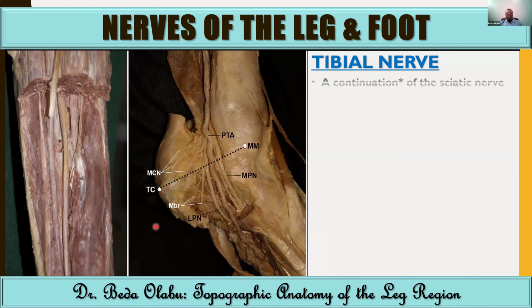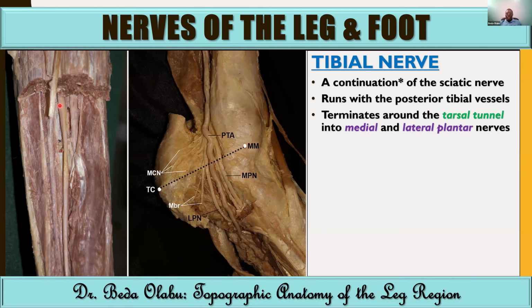Tibial nerve is a continuation of the sciatic nerve, or the medial branch of the sciatic nerve. So within the popliteal fossa, we already have the nerve. It continues into the posterior leg together with the posterior tibial vessels.